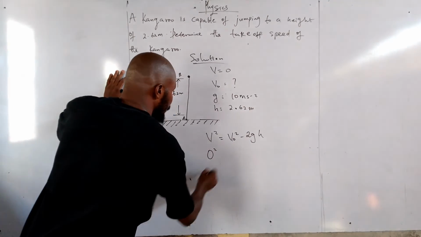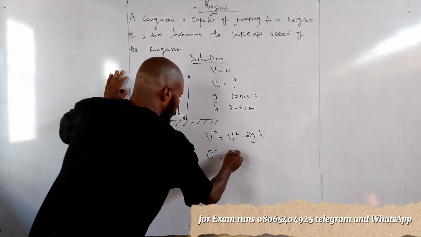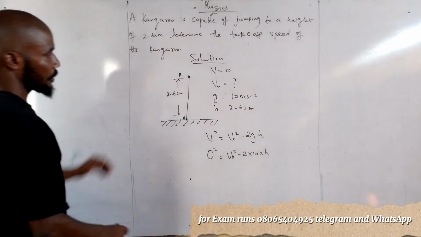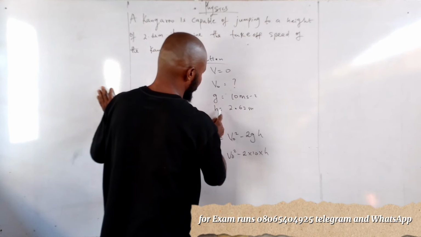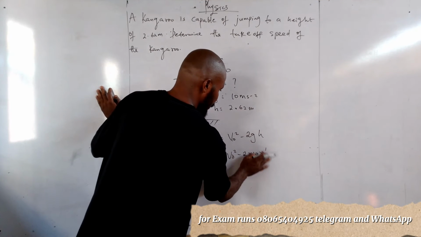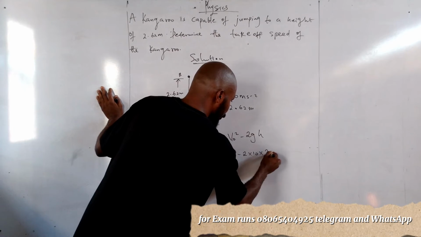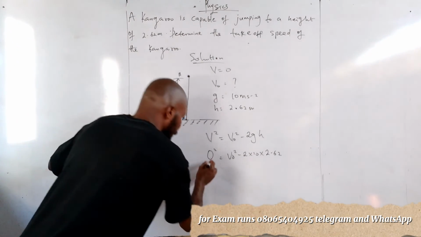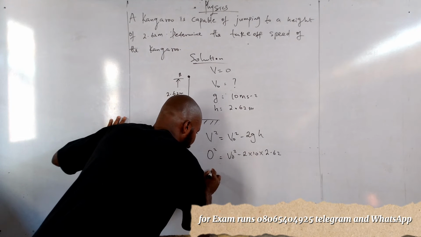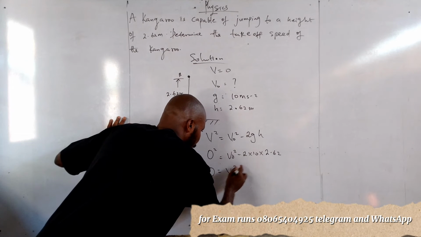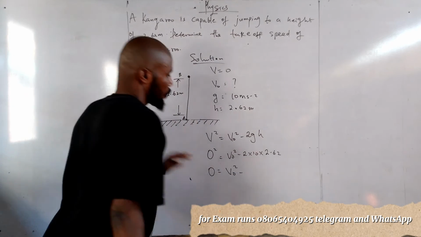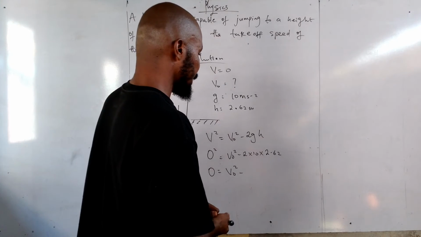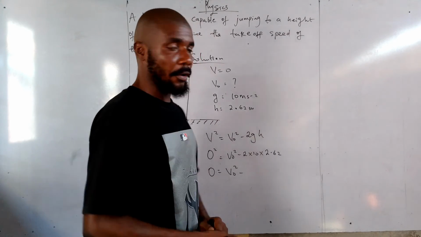So we have V0 squared minus 2 times 10 times h, and my h here is 2.62. So 0 squared will give us 0 equals V0 squared minus 2 times 10, 20, times 2.62.